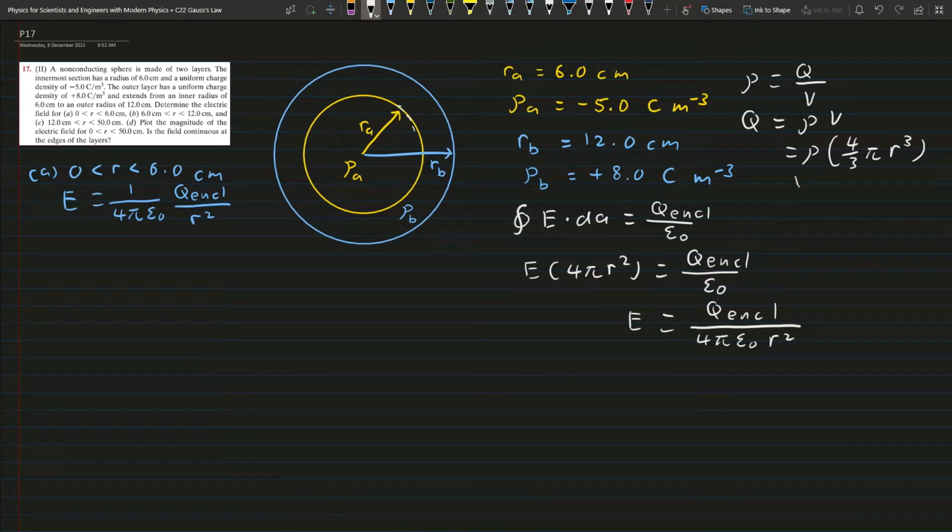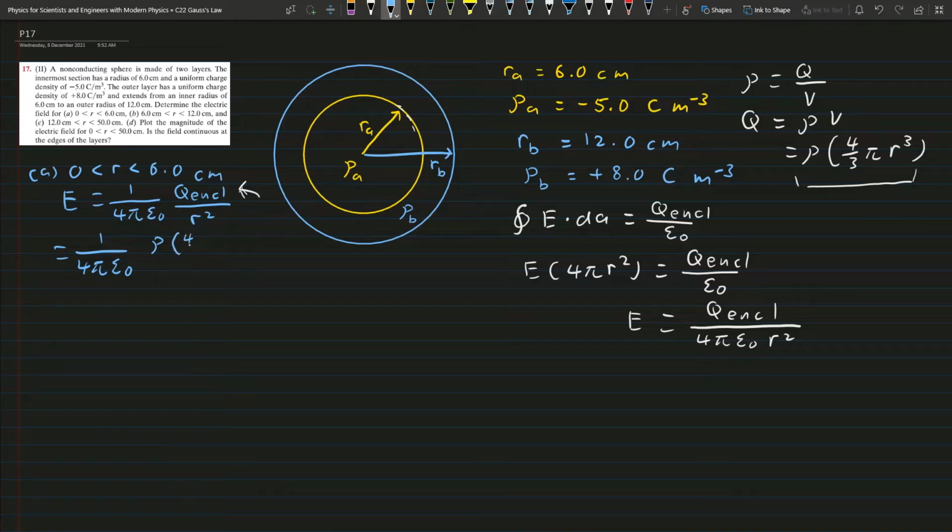Now we substitute this formula inside the Q enclosed. This is rho, and in this case this rho is rho A because this r is less than 6.0 cm. That means the charge enclosed will be inside this innermost section.